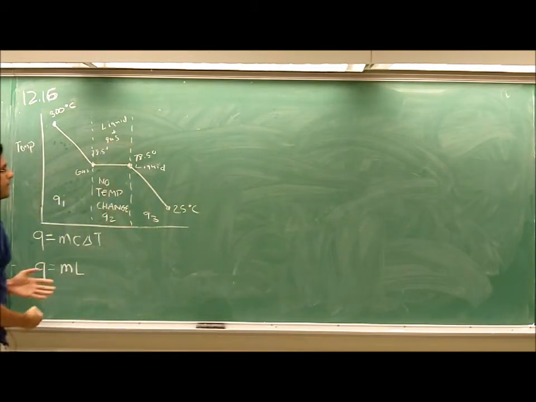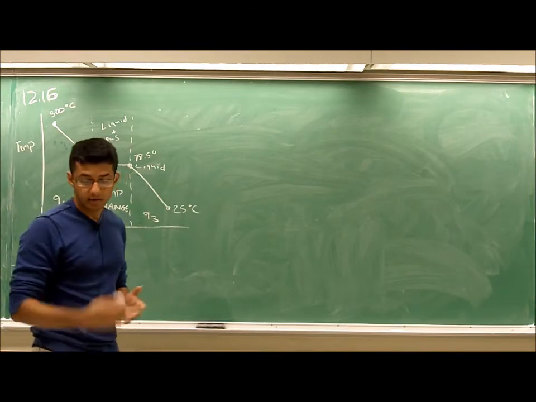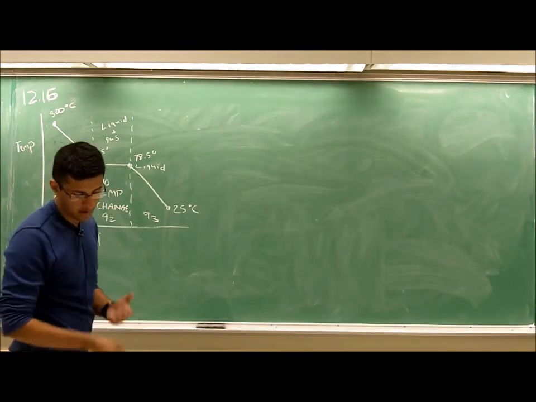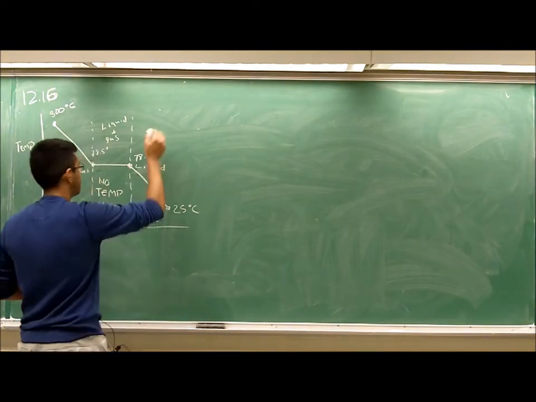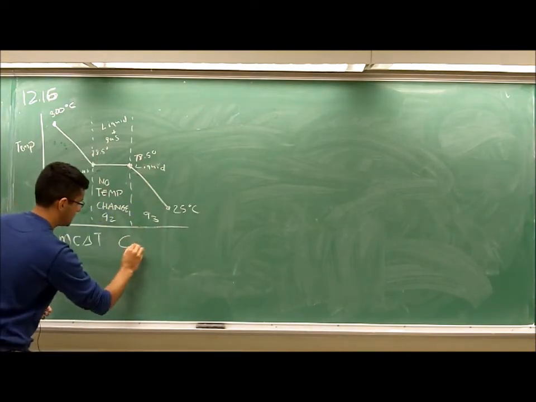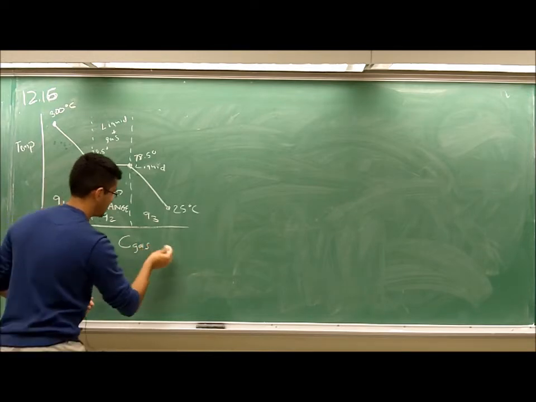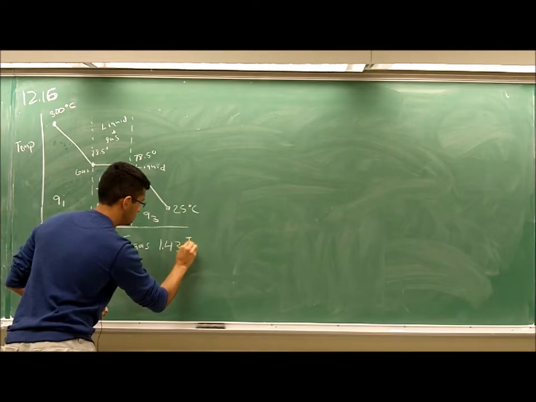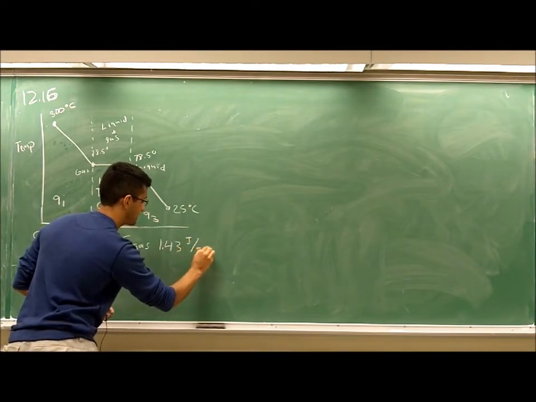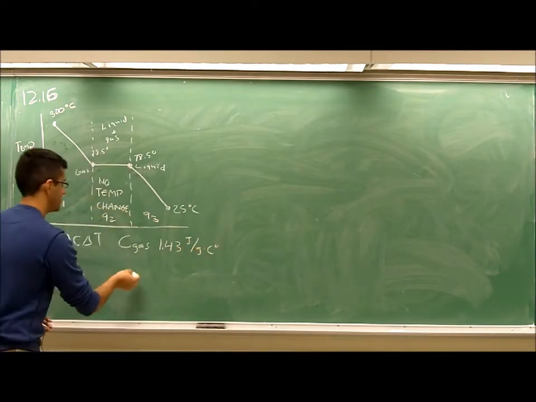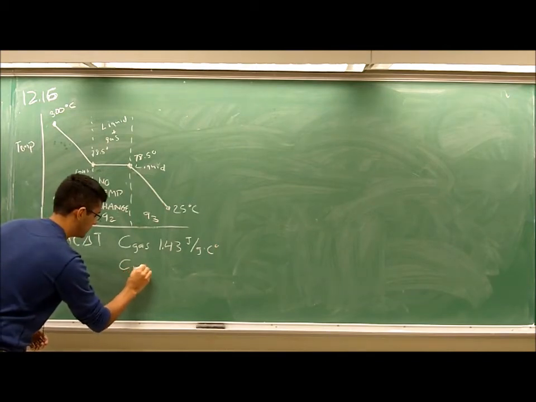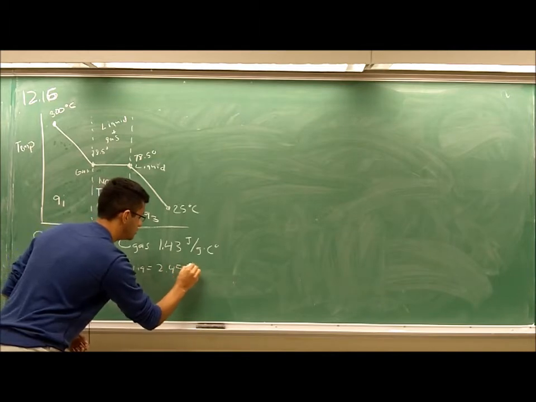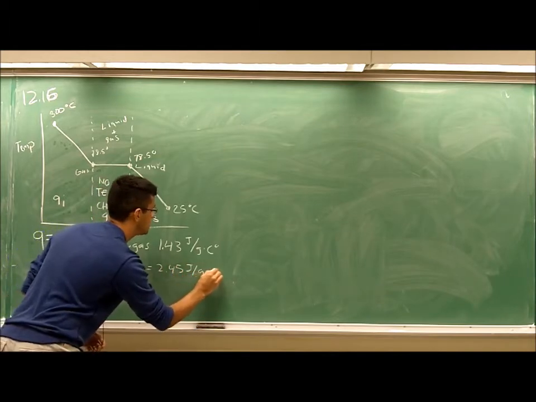Now let's start actually solving this problem. You're given a couple of values. You're given the heat capacity of the gas, C, which is 1.43 joules per gram Celsius. You're given the C of the liquid, which is 2.45 joules per gram Celsius.